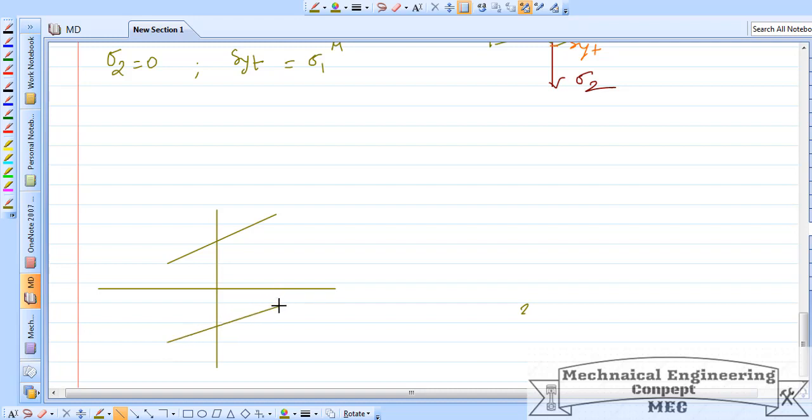First draw two parallel lines with the same slope and approximately the same length, like this. Join them like this.